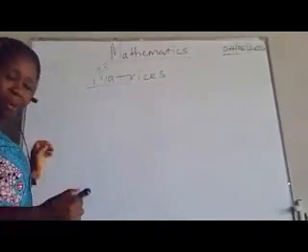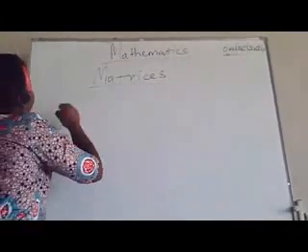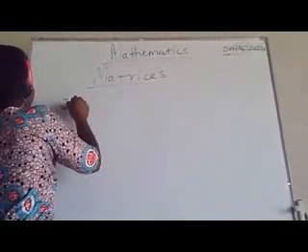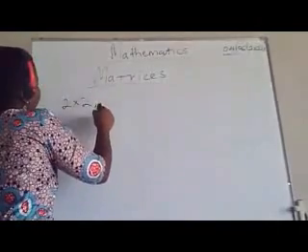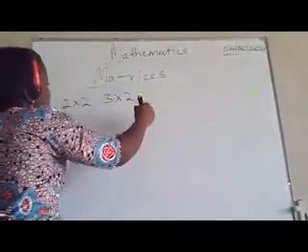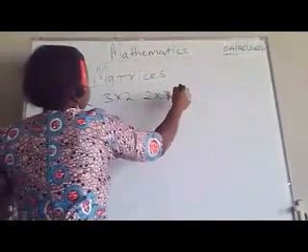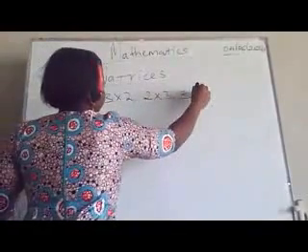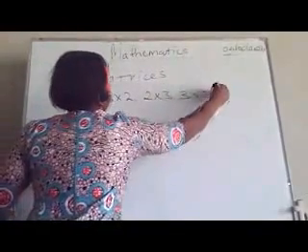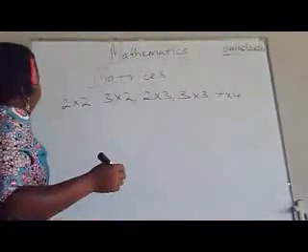Examples of matrices include a 2x2 matrix, a 3x2 matrix, a 2x3 matrix, a 3x3 matrix, and a 4x4 matrix.